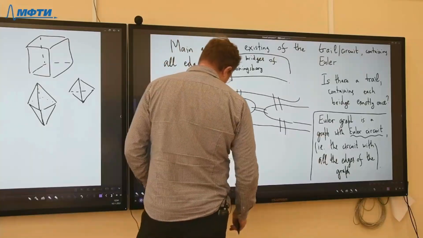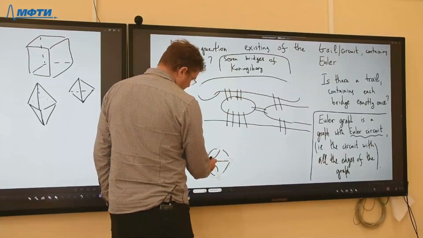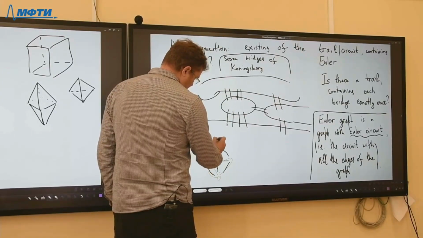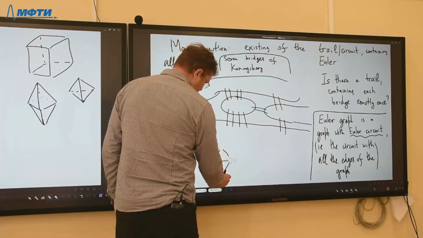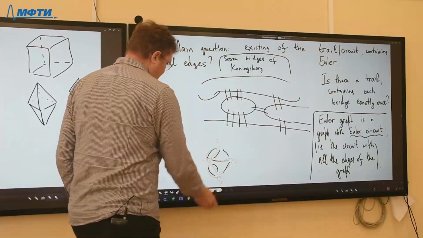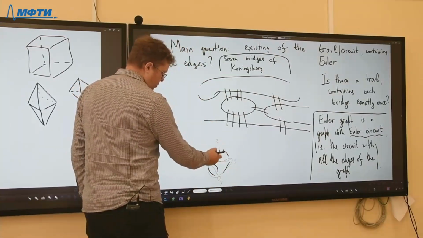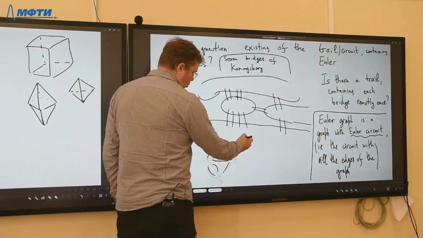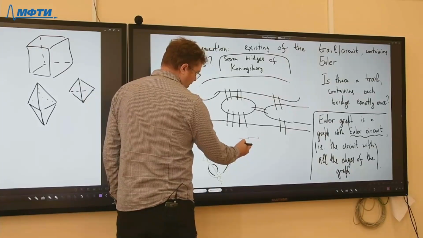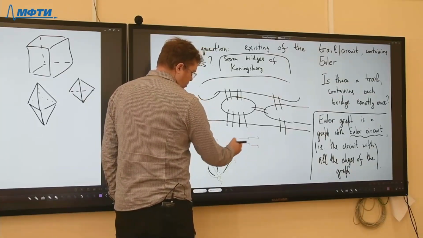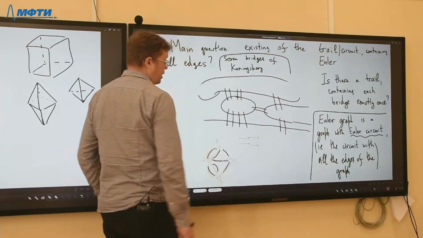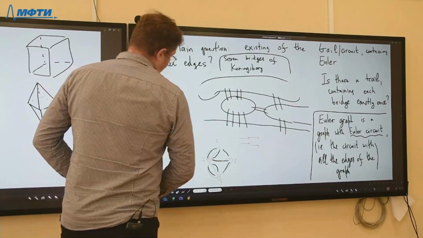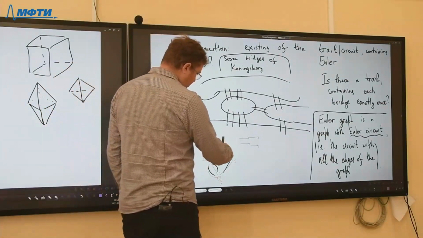So if we start here and meet some vertices, then for each vertex which is not the beginning or the end of our trail, we just walk in and then walk out again, and walk in and walk out. And so we count only an even number of edges at each vertex that is in the middle of our trail.